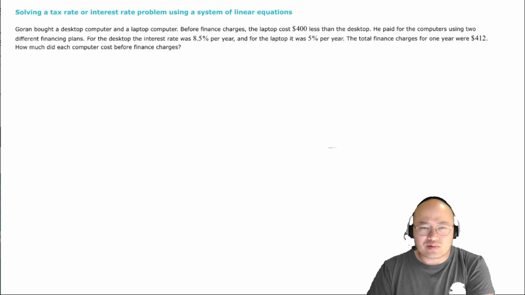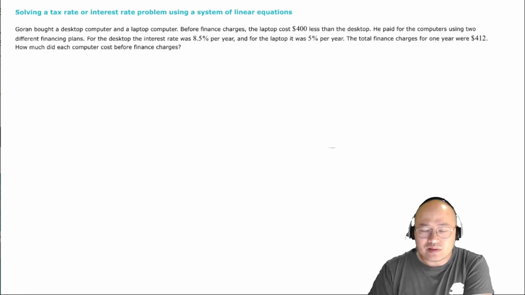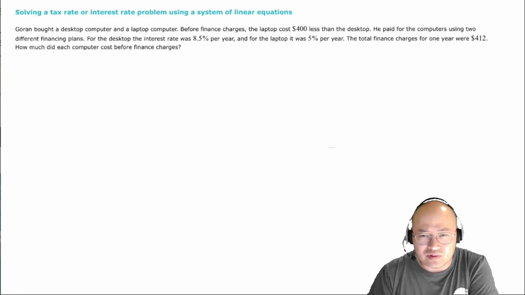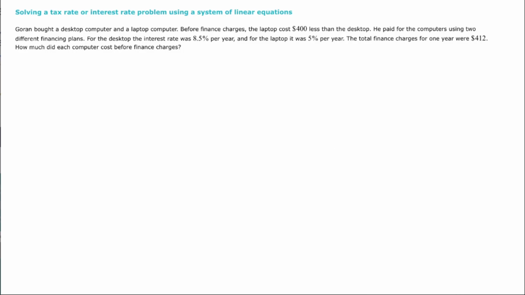So really, the key to this problem is read it many times, and you want to translate the English into mathematical symbols. So why don't we take a couple of nouns and write them down.